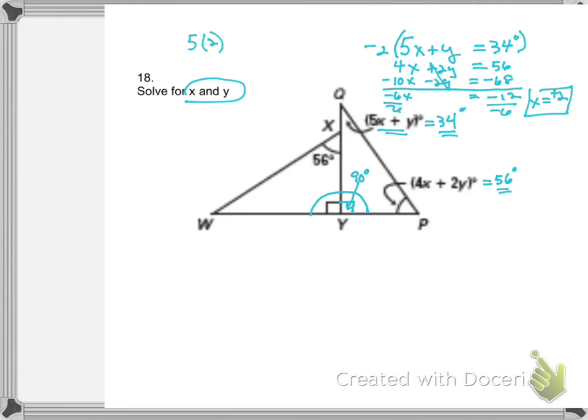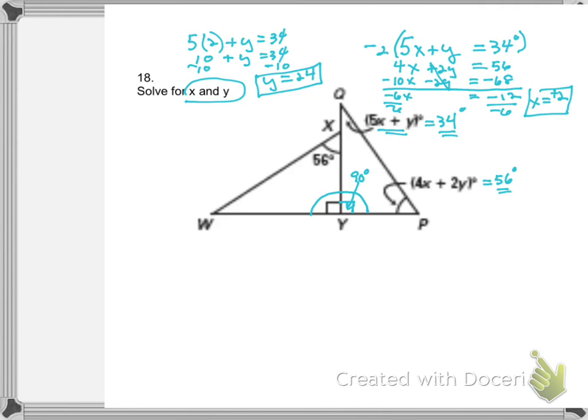I can plug it in any place, really. Okay, so I can solve now. 10 plus y equals 34. Subtract 10 from both sides, and I get y equals 24. I have now solved for x and y using simultaneous equations.